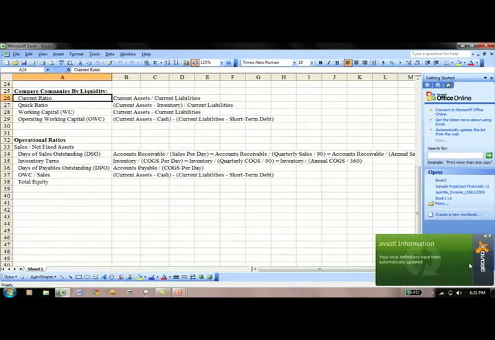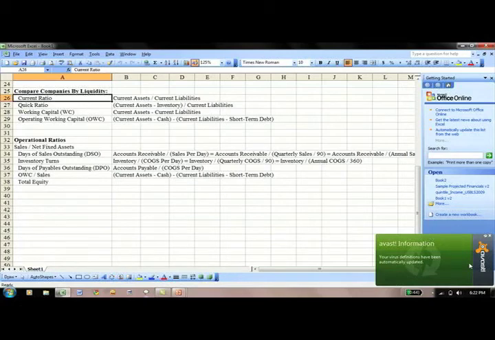So what you can do here in the calculation is you can have the accounts receivable for the end of a quarter, and you can divide it by the sales that happened in the quarter divided by the number of days in that quarter. So quarterly sales by 90 days is your sales per day for the quarter, and you can use that.